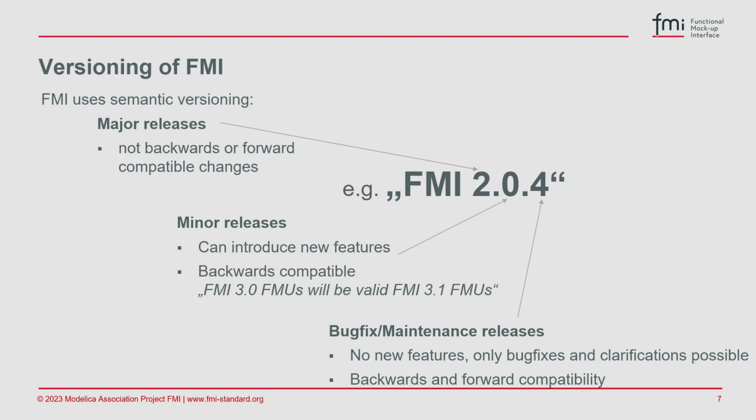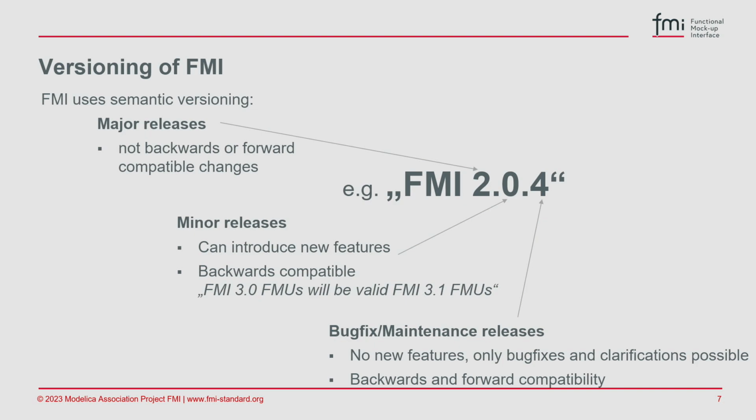So you need really FMI 2 implementations or FMI 3 implementations. So this is for the major changes. The next digit is for minor releases. In fact, we never released a minor release until now. So there was no 2.1. This was discussed, but we then went for 3.0.